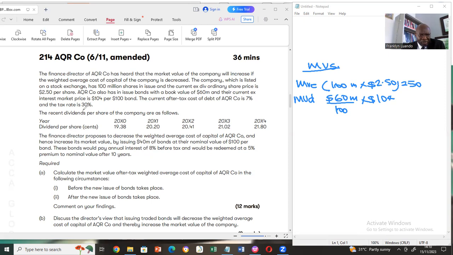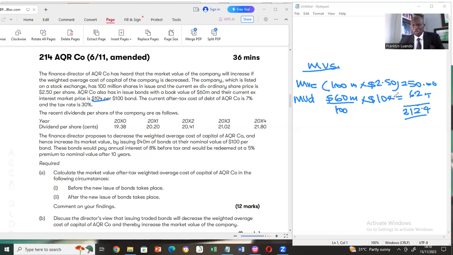So the price is here. The market price of 104 per 100, and that's the amount here. So we get 62.4. The total is 312.4.